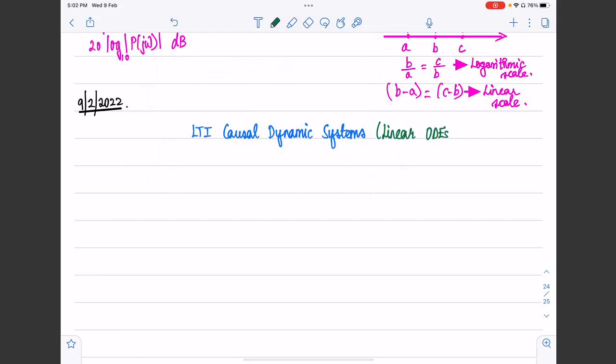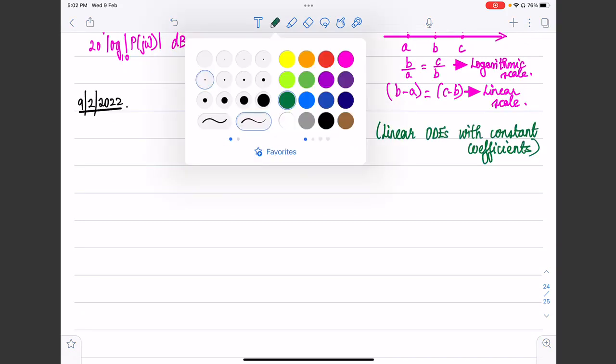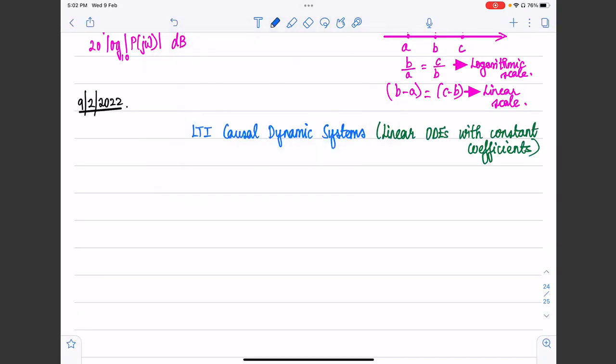So that is the connection between the physics and the math. The behavior of this class of systems can be captured by linear ordinary differential equations with constant coefficients. If you consider this class of systems, we can have two broad representations.